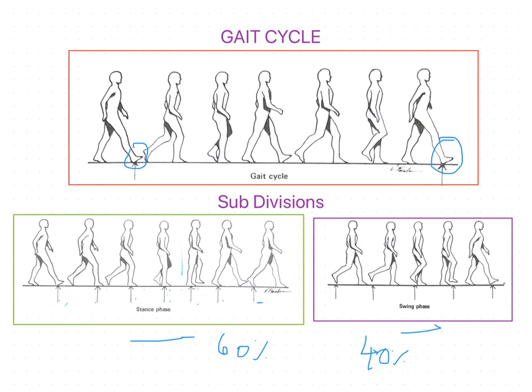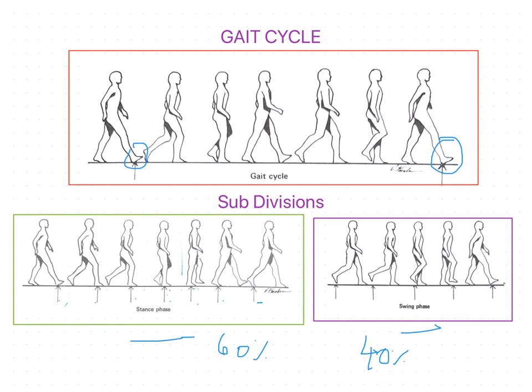Now we will see each subdivision in detail. The stance phase is further divided into some events and subphases, and the swing phase is also divided into some events.